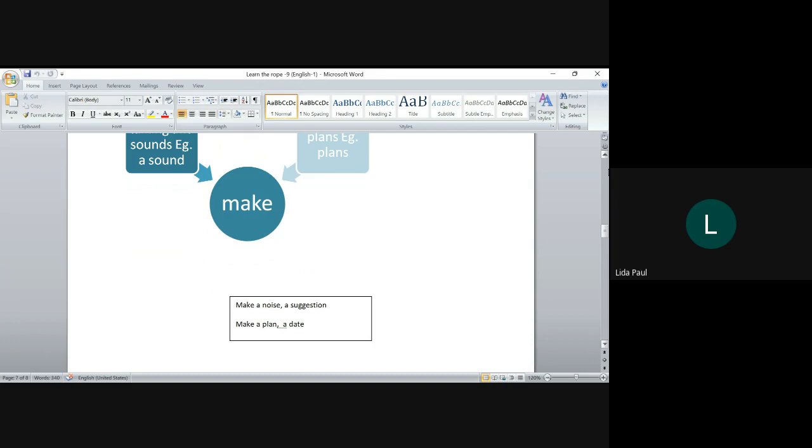Okay, can you give me other examples? Say something connected to plans. So you make a plan, you make a date. Anything that you can suggest from your side? Make an appointment, right? Yes. So the verb you use with appointment is not fix an appointment. This is another expression that we hear very commonly in the Indian context.